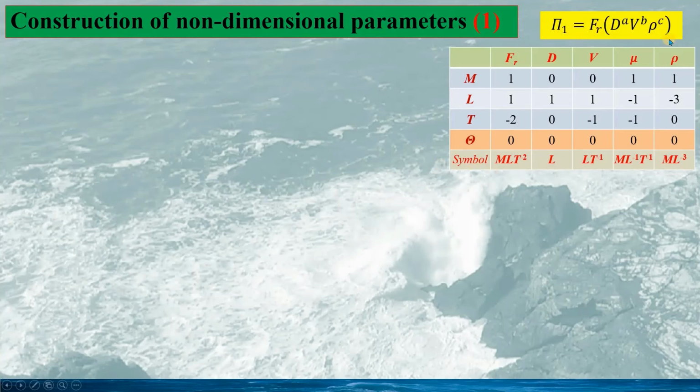Pi 1 is defined as this, and we also list the dimensions of all the physical parameters Fr, D, V, mu, and rho. Now we can substitute the symbols for each parameter in the definition of pi 1. So we have the expression as this. Here, Fr is m L T to the power of minus 2, and D is L with the power of a, and then the velocity and the fluid density.